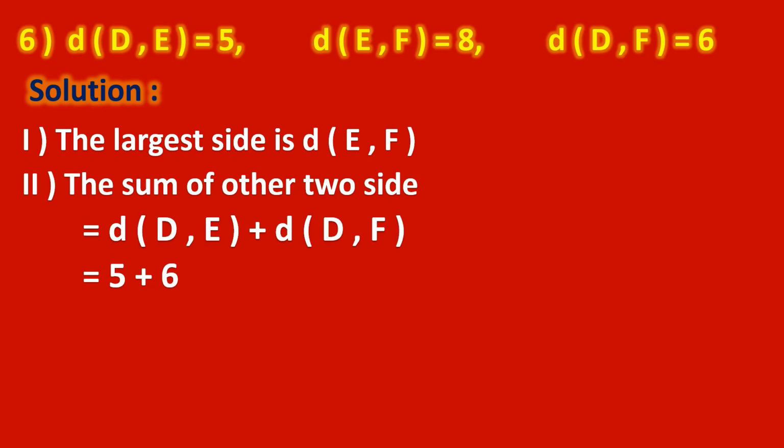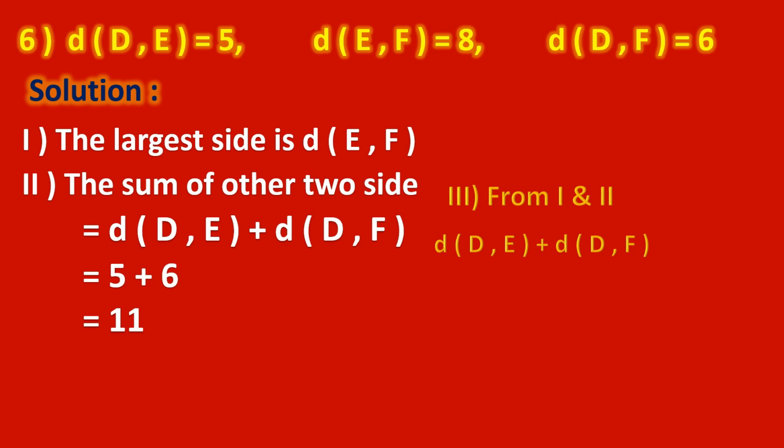Therefore, 5 plus 6 is 11. The largest side is 8. Therefore, from first and second, distance DE plus distance DF is not equal to distance EF. Therefore, points are not collinear.